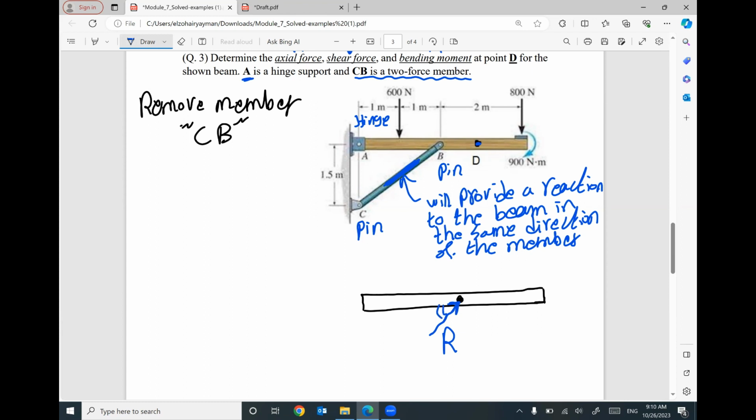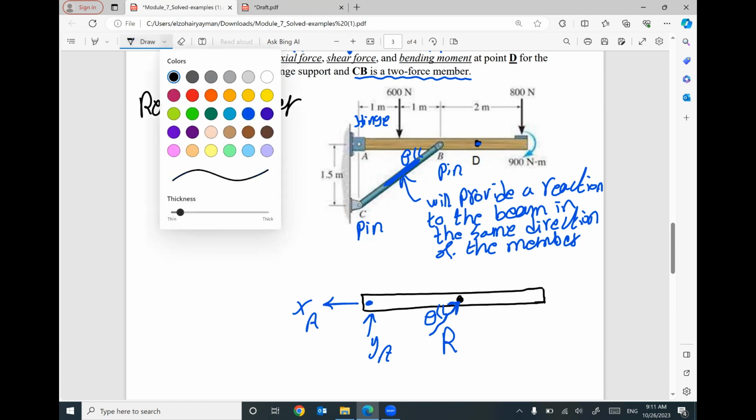This angle theta will be the same as this angle theta. Does that make sense? This is a special case, a special member called a two-force member. If you have this case, I'm gonna remove it, delete it, forget it, and put one reaction in the same direction of this member. Besides, at A, it's a hinge. So I will have YA and XA. It's a regular hinge.